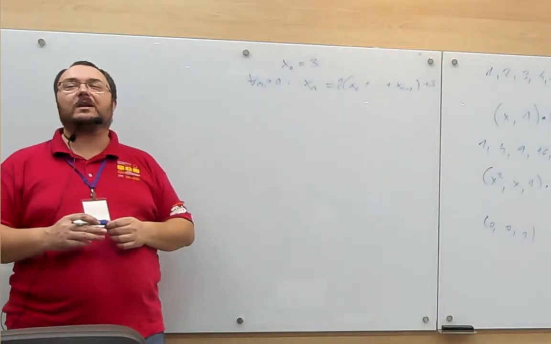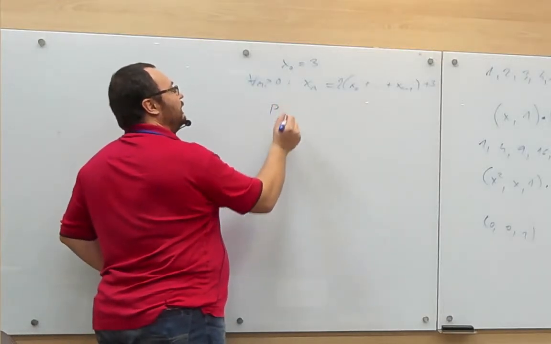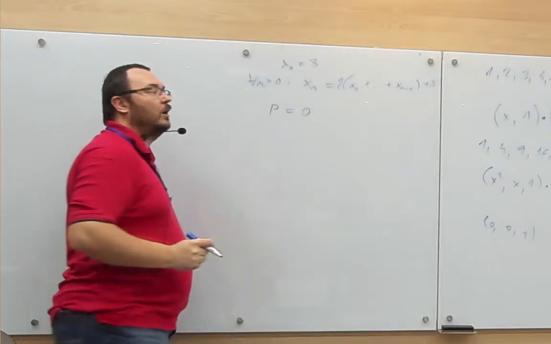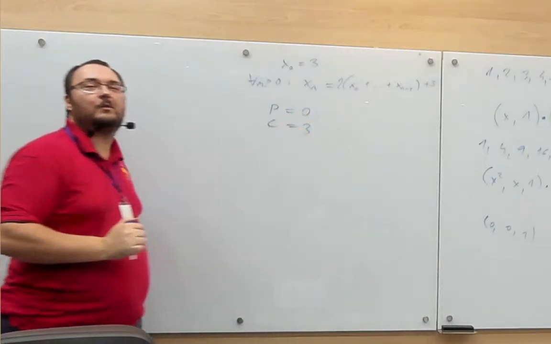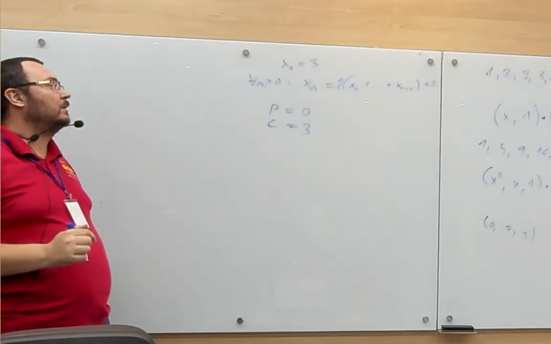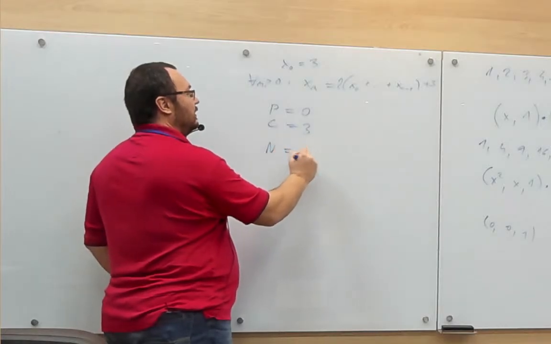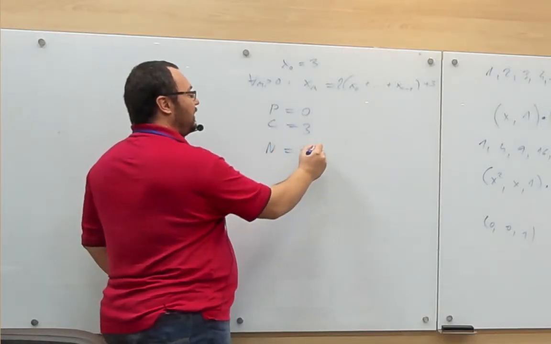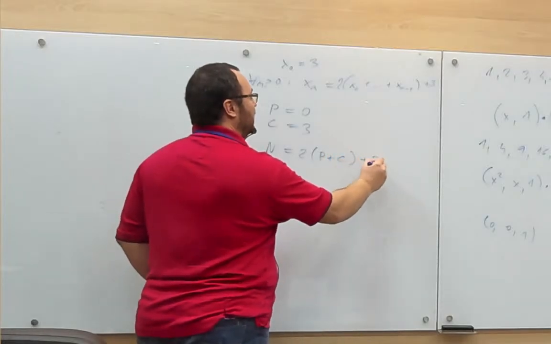So what you will be doing in your program is you have the sum of the previous values, P, which is initialized to 0, and the current value, C, which is initialized to 3. And when you have these two values, then you can compute the new value. The new value is twice the sum of all previous values and also the next term that just appeared, plus 3.